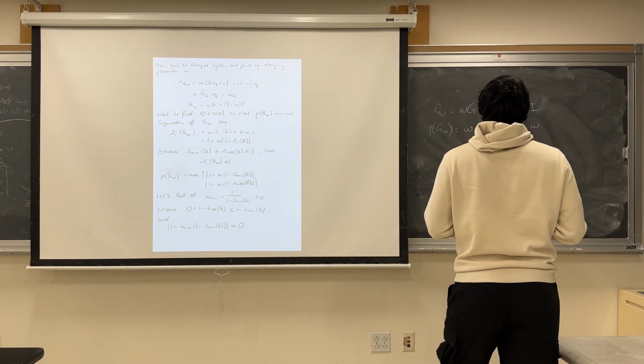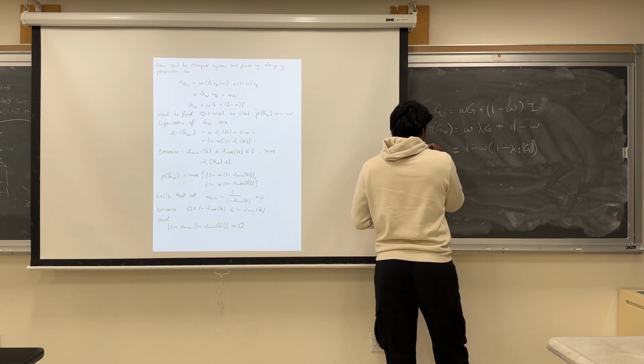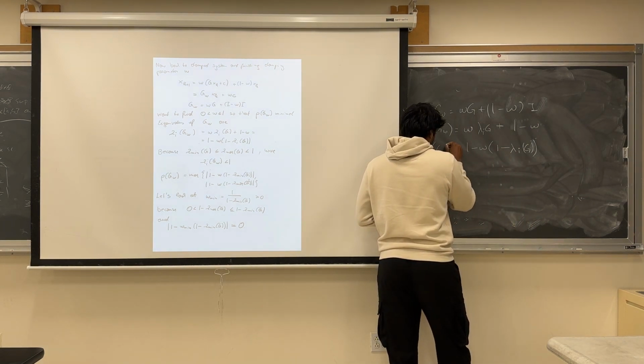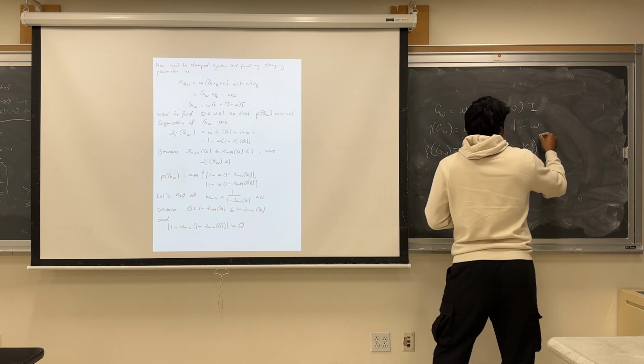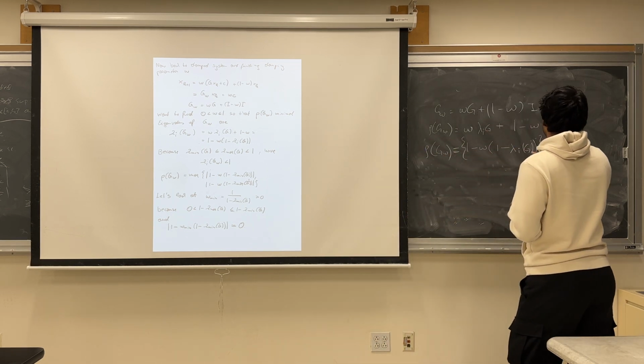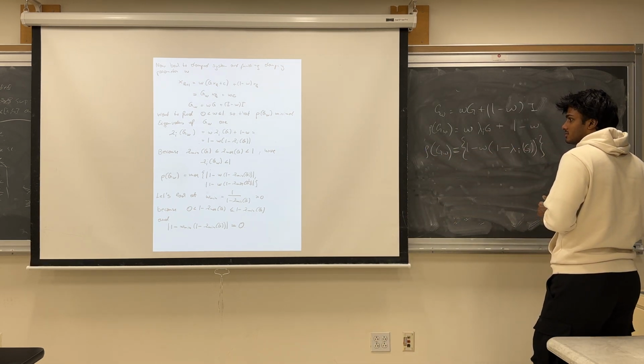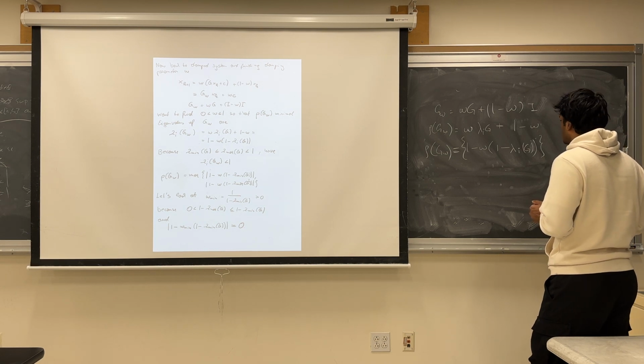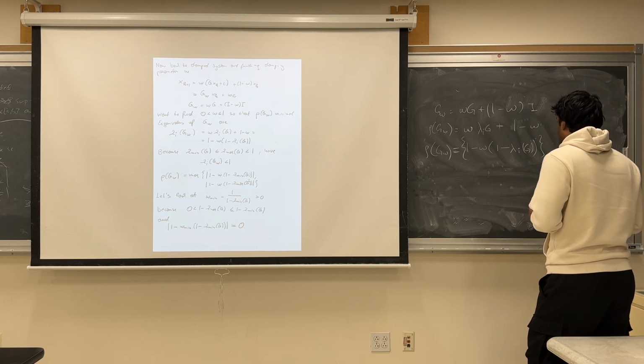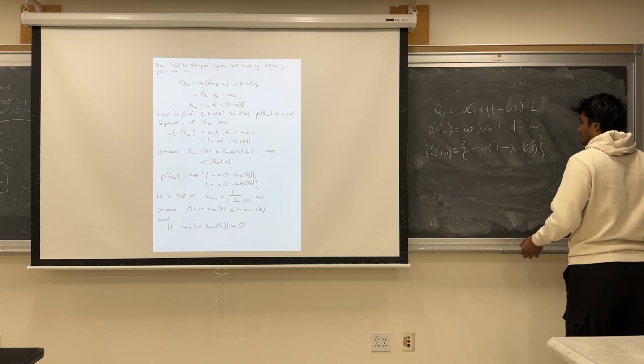Now I want this, 1 minus omega times (1 minus lambda_i of G). So let me plot this and see what this function looks like.